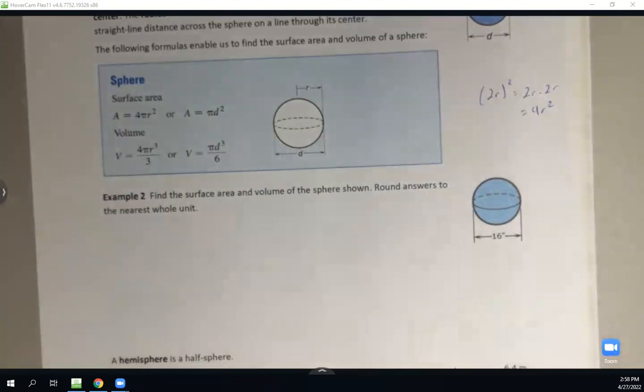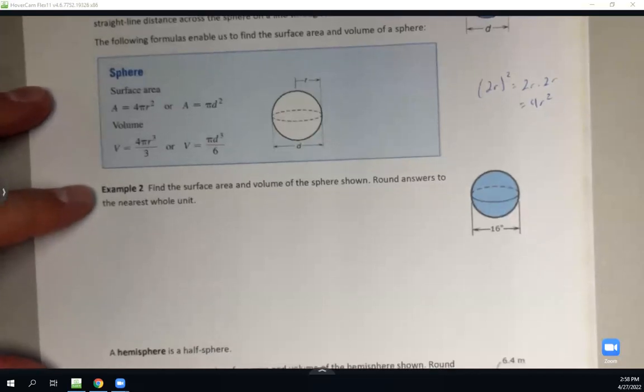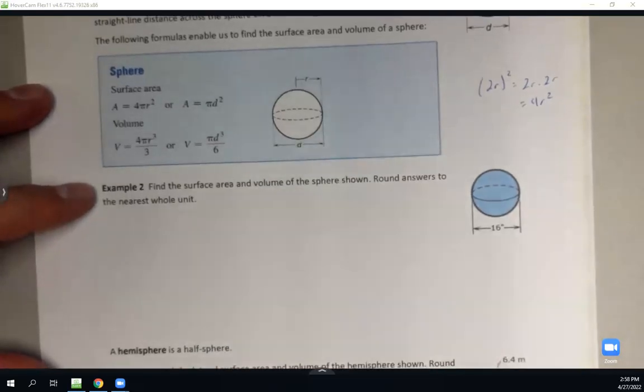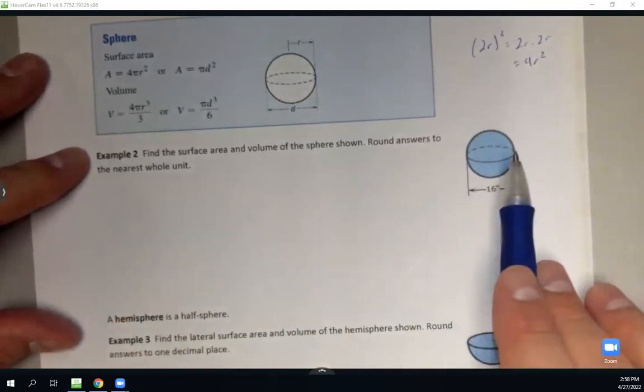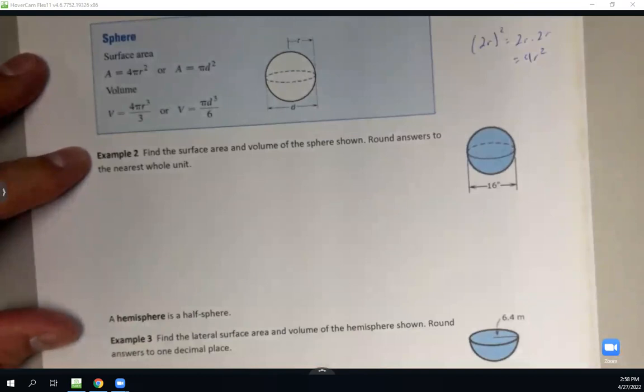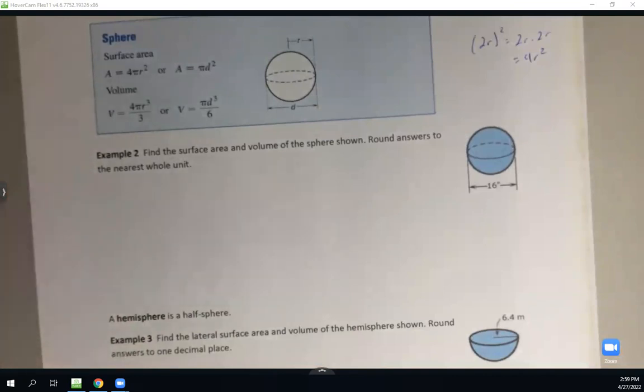So example 2, find the surface area and volume of the sphere shown. Round answers to the nearest whole unit. So no tenths. We're going to round to the nearest 1. In this particular figure, we have a sphere and the diameter of the sphere is 16 inches. So again, we want to find the surface area and the volume both.